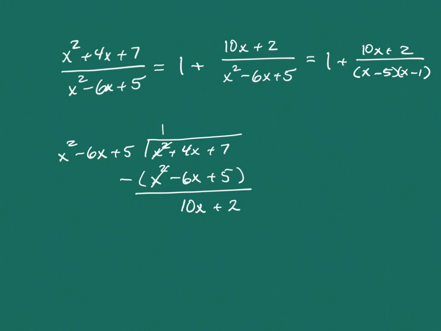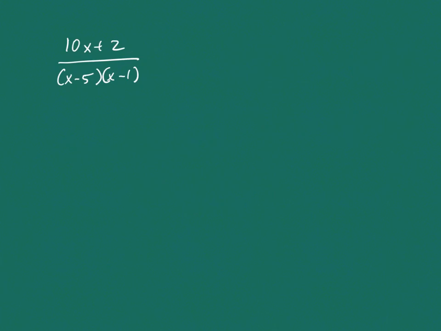So that's going to give me my x squared minus 6x plus 5. And so the question is, can I take this proper rational expression and separate it further? Can I find something so that this expression will look like some constant over x minus 5 plus some other constant that I don't know over x minus 1?